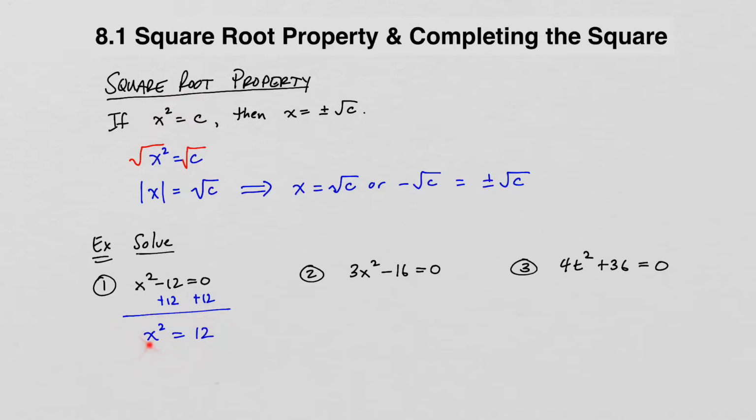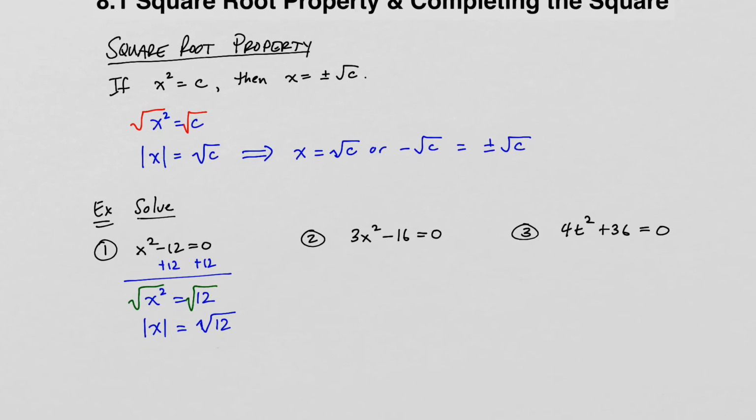And so if x squared is equal to 12, then x is going to be plus or minus the square root of 12. And again, you can show your work here. Basically, all we're doing is taking the square root of both sides. That gives us the absolute value of x equals the square root of 12.